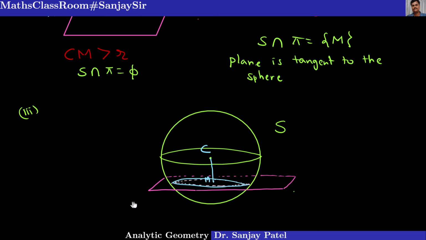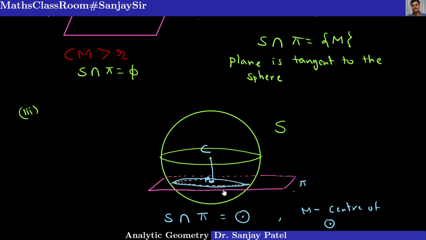So the circle is our intersection set of the plane pi and the sphere S. So I can say S intersection pi is nothing but this circle as shown in the figure. This M is actually the center of the circle. So just note down that M is the center of the circle of intersection.